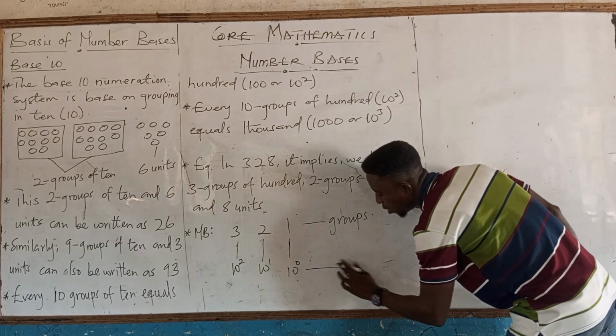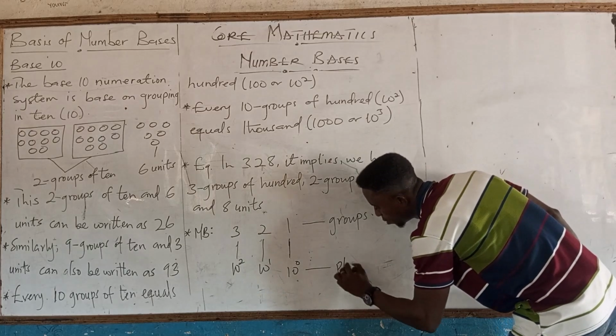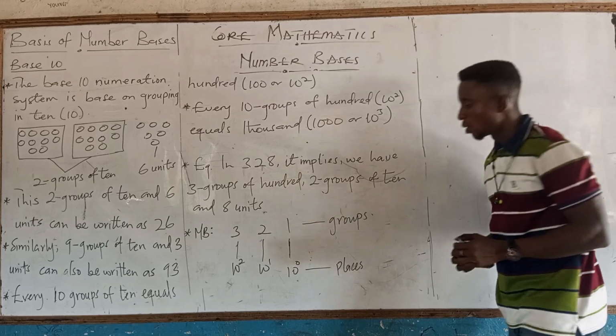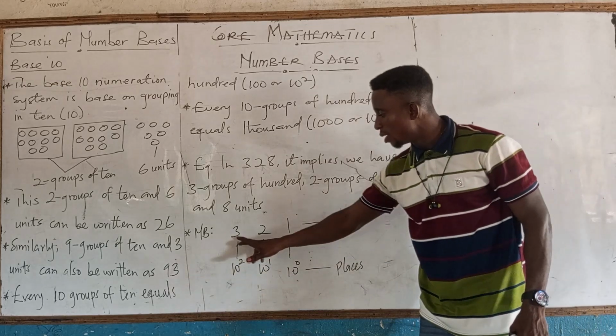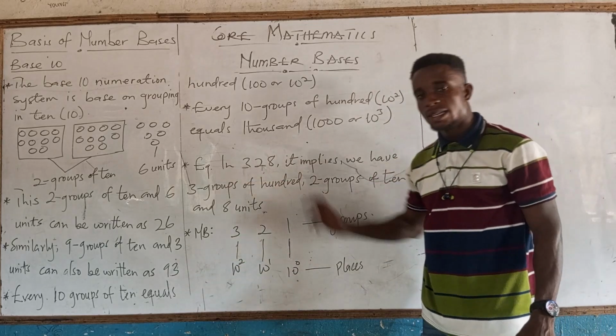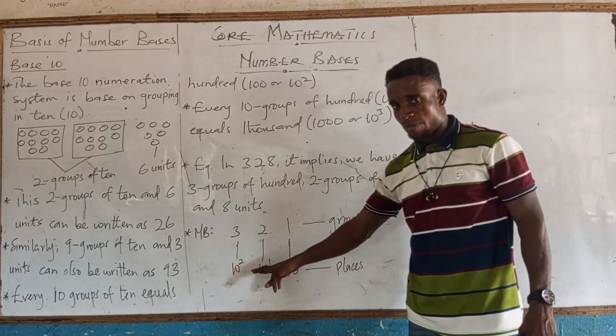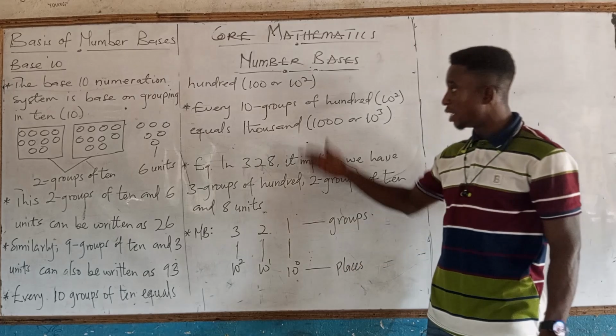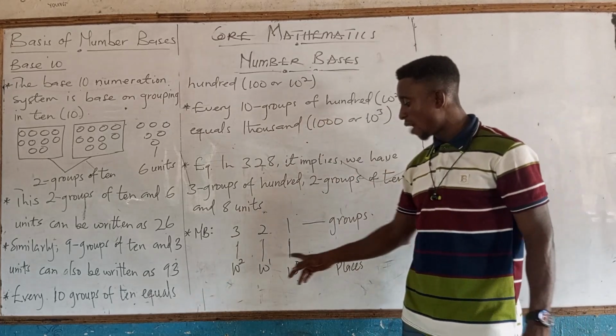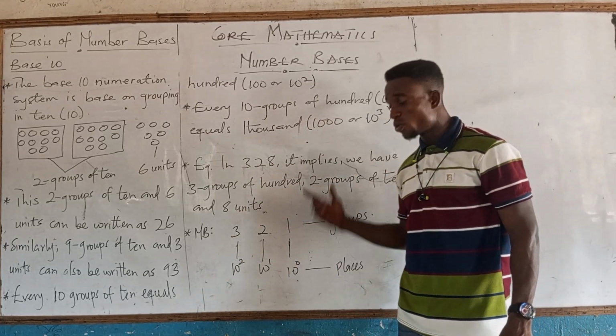And this one too corresponds to what? Their places. So we have what? The numbers standing for the groups, and also what? The bases, like this one, because we deduce them here. This one shows we have what? The units. So it's 1.